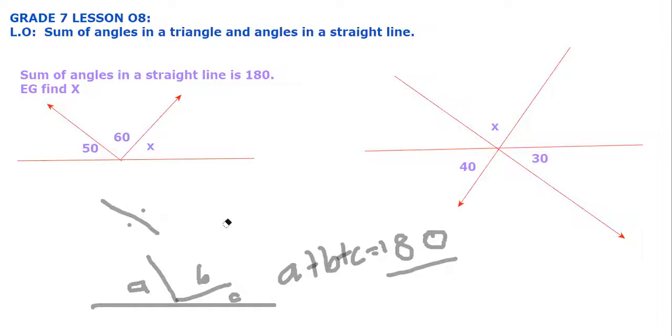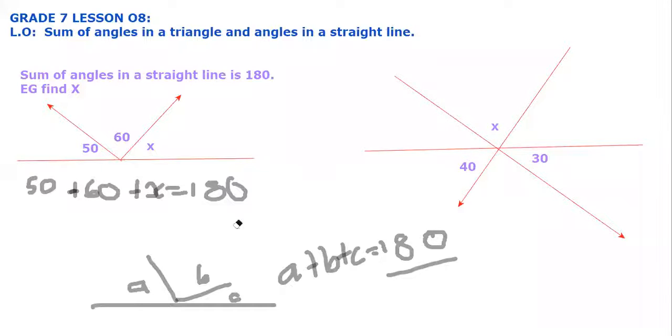Let me solve that. I want to find X. I know that 50 plus 60 plus X is equal to 180. Simple like that. What do I do now?